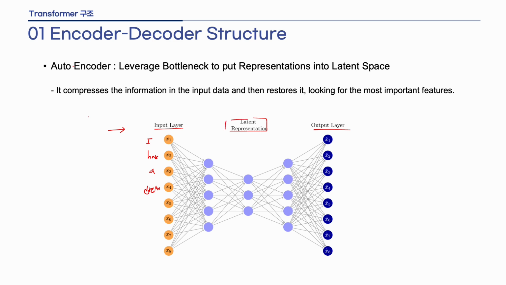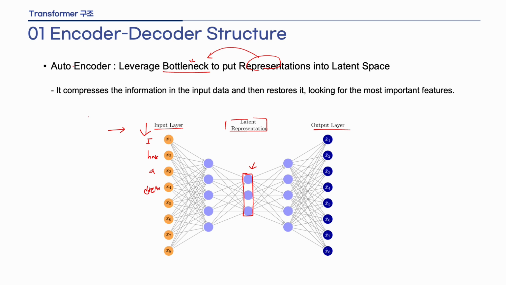As we discussed in the definition of autoencoder, it has a bottleneck layer to put representations. This bottleneck contains all the representation of the input sentence. It compresses the information in the input data, looking for the most important features.